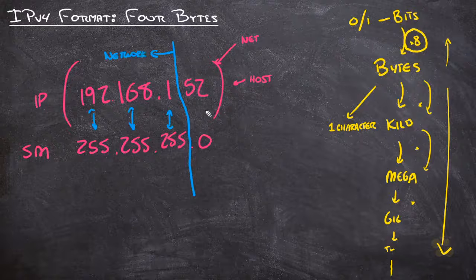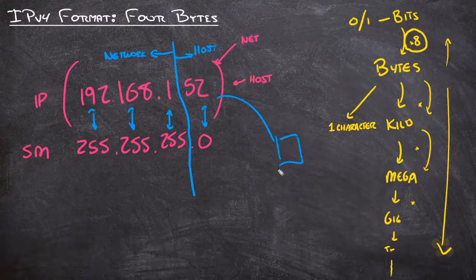And wherever you see a 0 lining up with the number above it, that represents the host. No one would speak this way, but this is technically accurate: if this IP address was assigned to a computer, I could say this is computer number 52 on the 192.168.1 network.